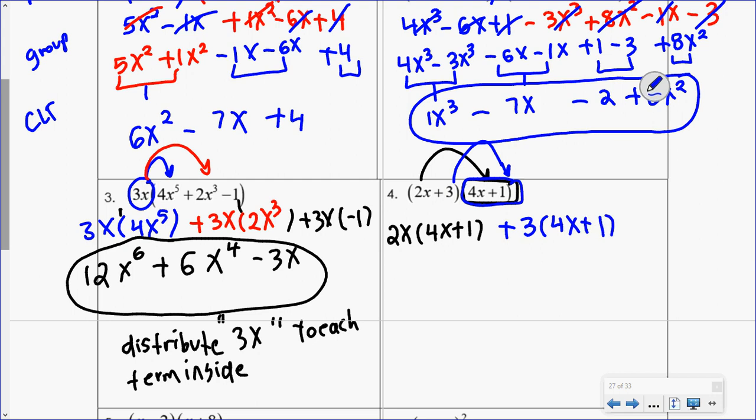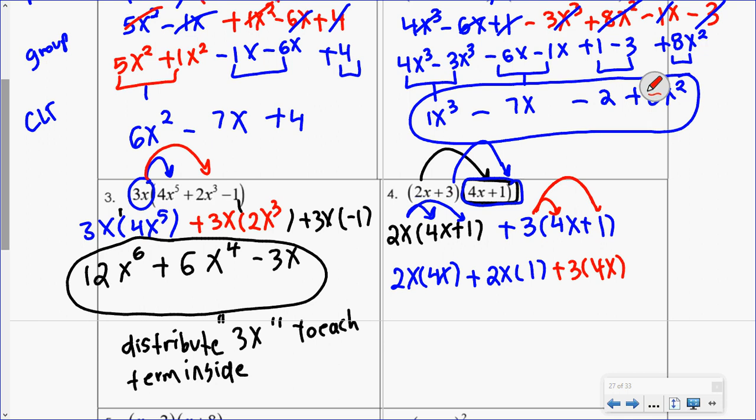Then we're going to distribute 2x times 4x plus 2x times 1. Then over here, 3 times 4x plus 3 times 1.